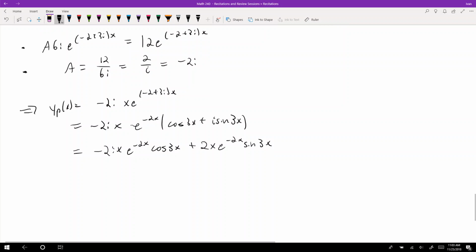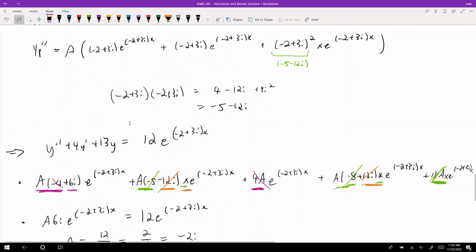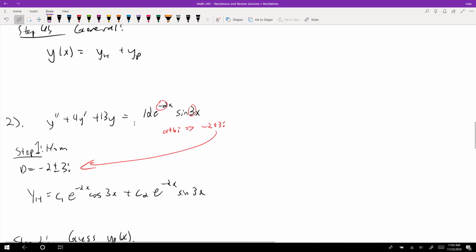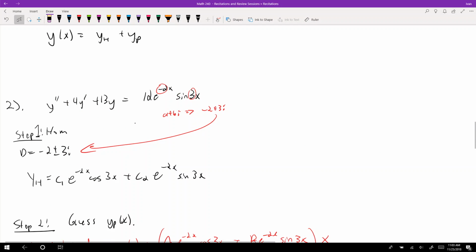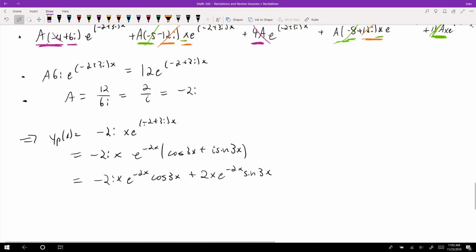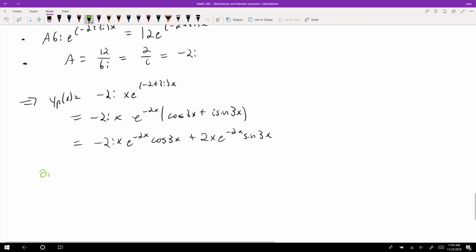Now we see that the original right-hand side was sine 3x, so we take the imaginary term, which is the term that has the i in front of it.